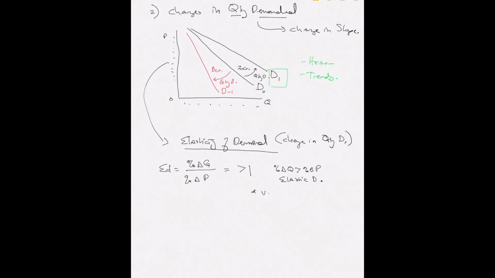So what does that mean? That means percent change in quantity is greater than percent change in price. And so that would be a concept that we would call elastic demand. So meaning that consumers are very sensitive to price.